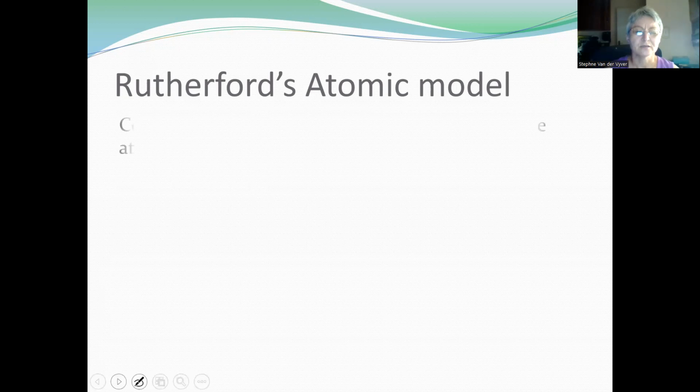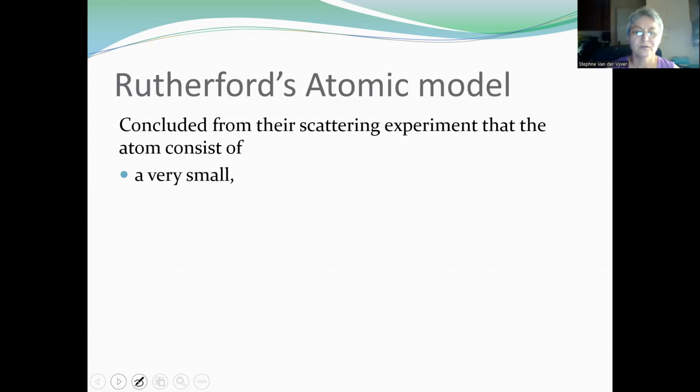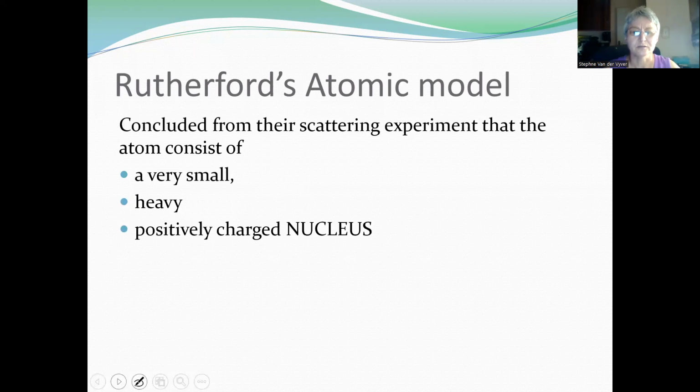So part of what he said from the scattering experiment was that the atom consists of a very small, very heavy, positively charged nucleus, and that he got from the observation that some of the alpha particles were reflected by the gold foil, and some of them were deflected as they moved through the gold foil.